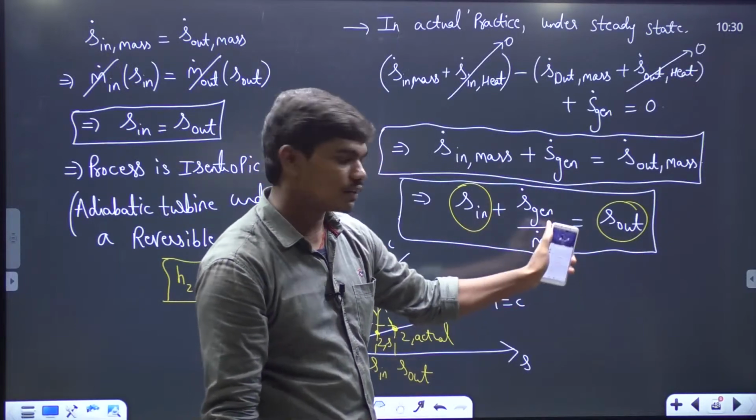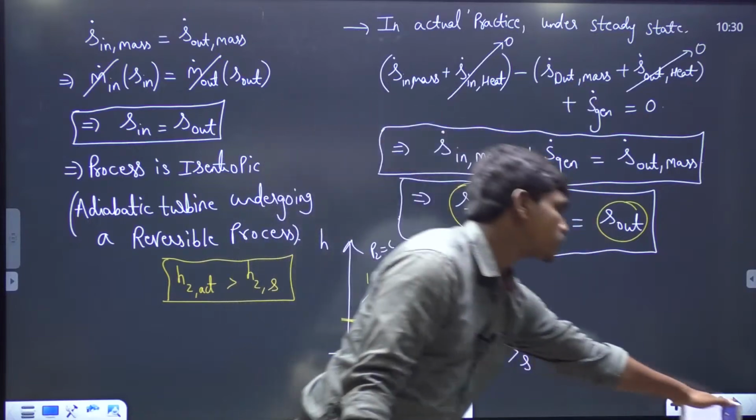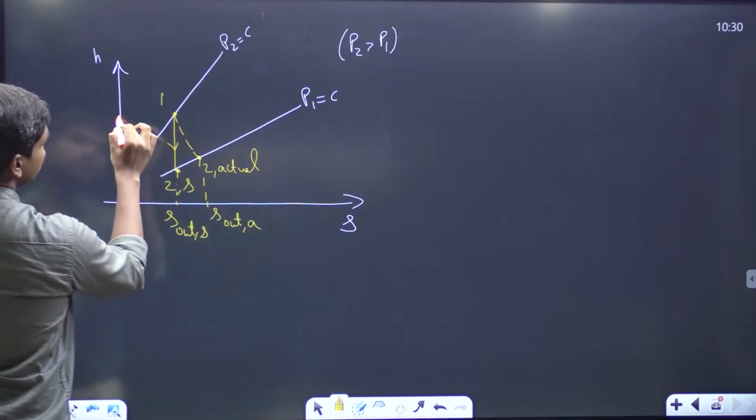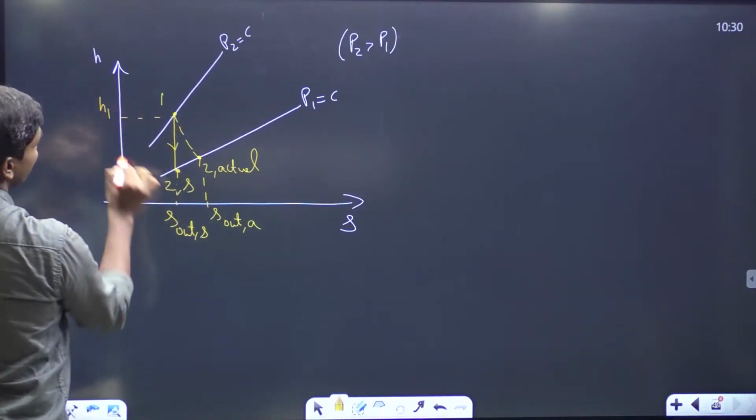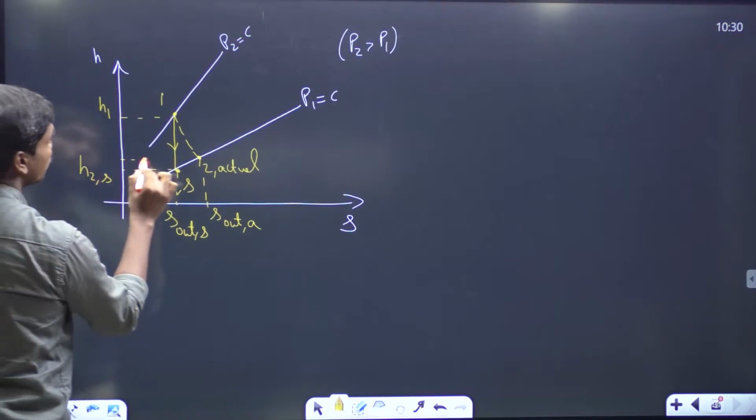S dot generation is always positive, so definitely S out in the actual case will be more when compared to the isentropic case. So now you see, this value is H1, this value is H2S, and this value is H2 actual.